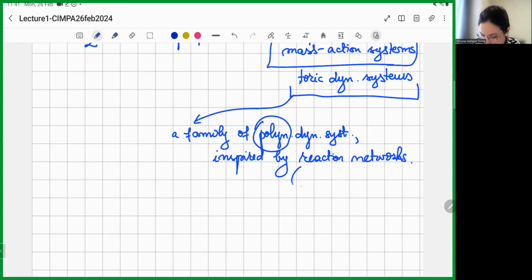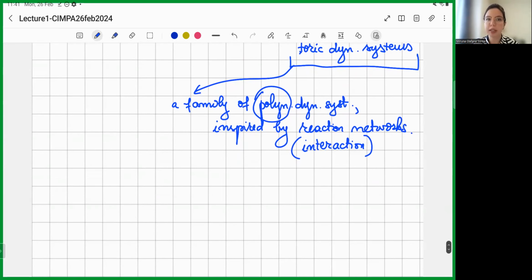So you can also think of interaction networks or biochemical reaction networks. So here is the connection with the applications, but reaction networks in general, where by networks we mean these are some graphs, and I don't define them now, but we will see.